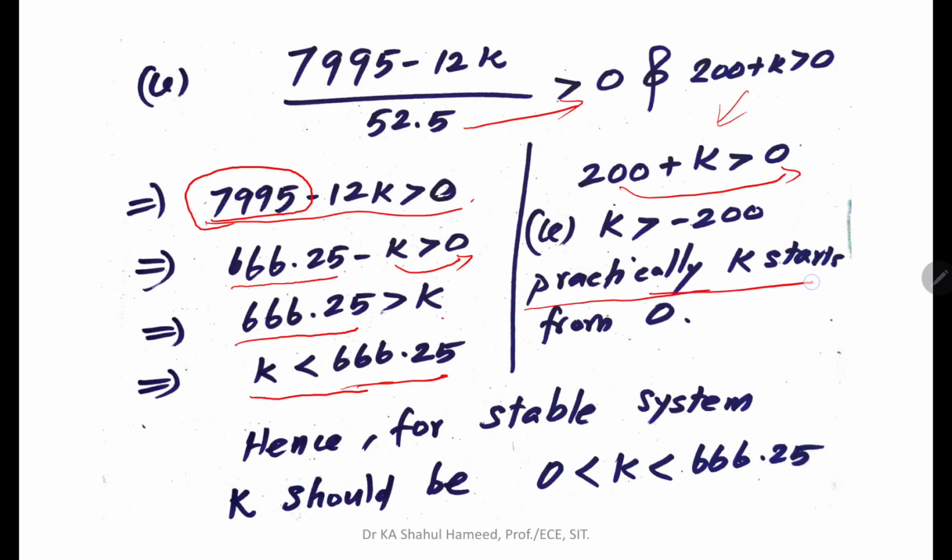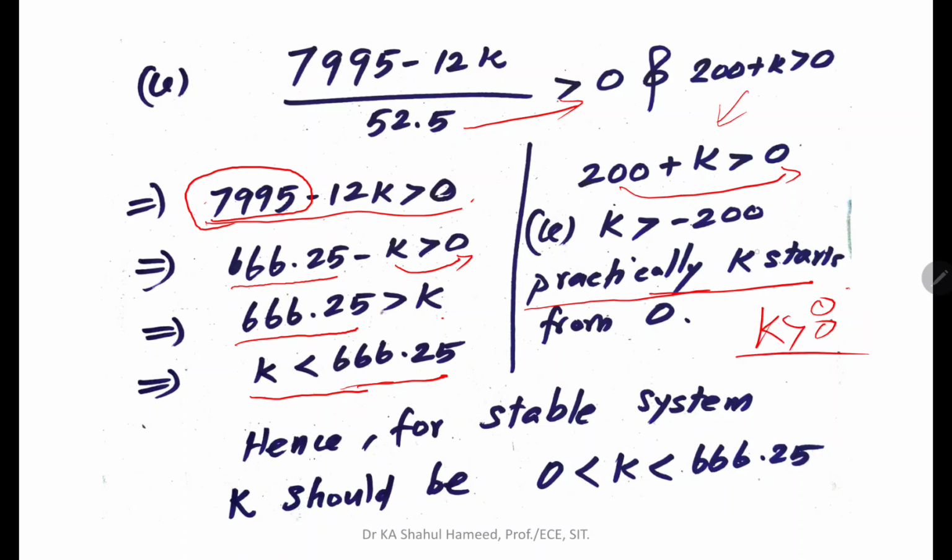Practically the gain value starts from 0. There should not be any negative value, so we can assume that k starts from 0, and in fact there should not be any 0. K should always be greater than 0.